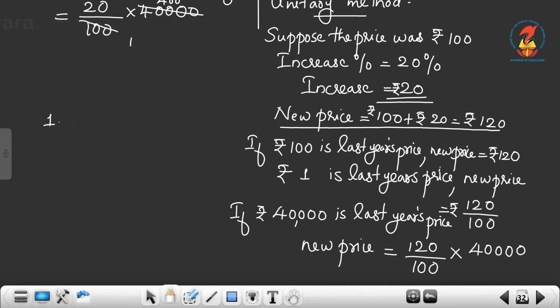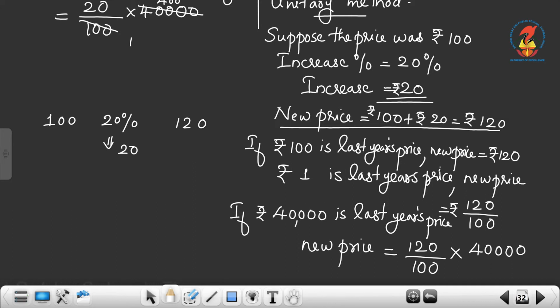So, if 100 is the original price, last year's price, and a 20% increment occurred, which means there is an increase of 20 rupees, and the new price will be rupees 120. In the unitary method, we want to find out the value of 1 unit.